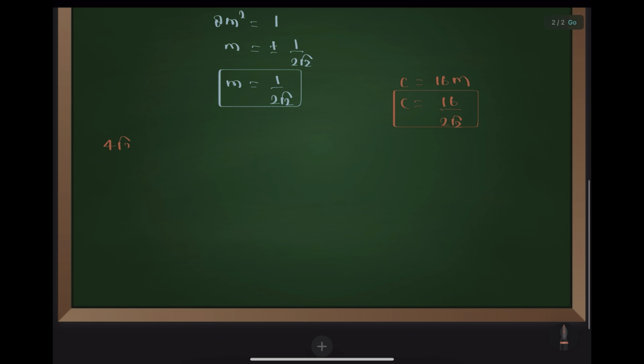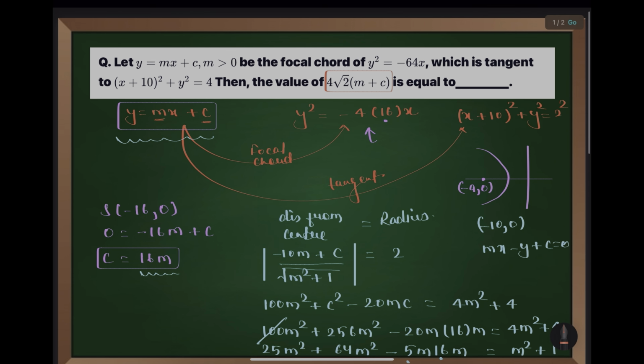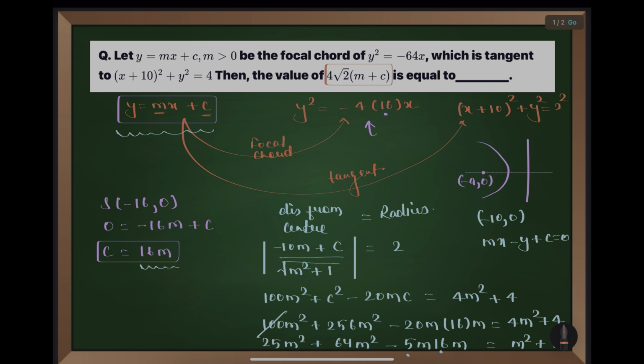So 4 root 2 m is 1 by 2 root 2 times 4 root 2, plus 16 by 2 root 2. So you know that the base is the same, so I'll go with 2 root 2 and then 17, over 4 root 2. Now you can simplify the root 2 and this is 2. So this is 34. Okay. So the required value is 34. I hope the idea is clear.